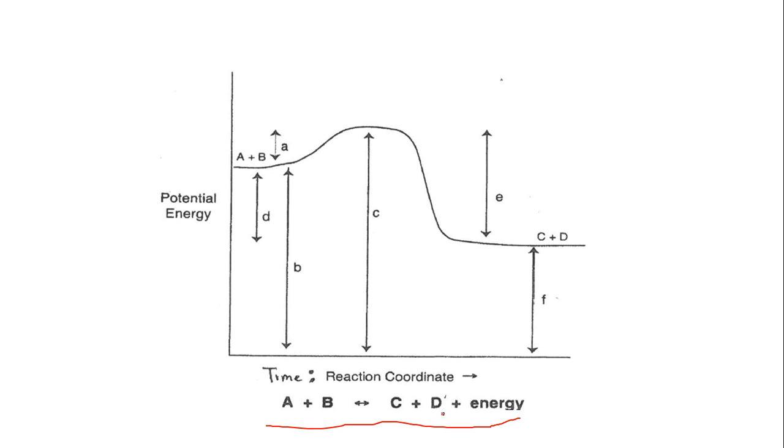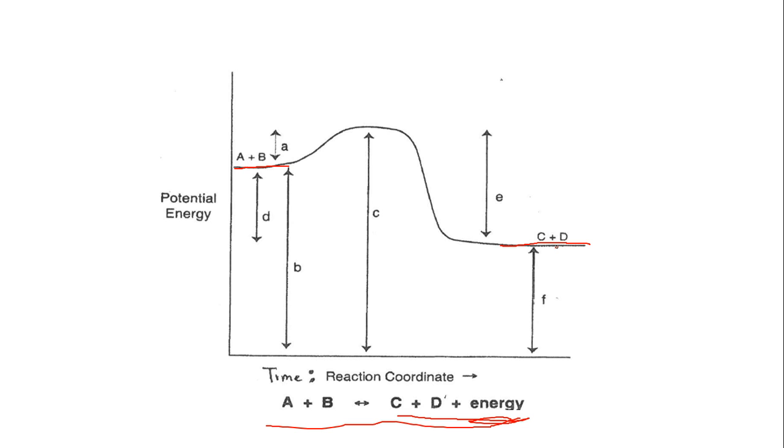So aside from seeing the reaction equation written down here where we see energy written as a product, we also notice that here's our initial reactant energy, here's our final product energy, and so we looked at the difference between the two, and the reactants start out at higher energy and the products end up at lower energy. So that means that overall the stored energy is decreased, and that would be exothermic then. So you should indicate that on your worksheet for number 1.